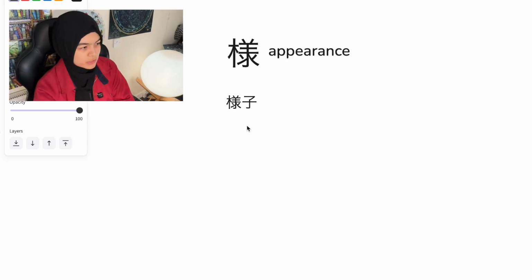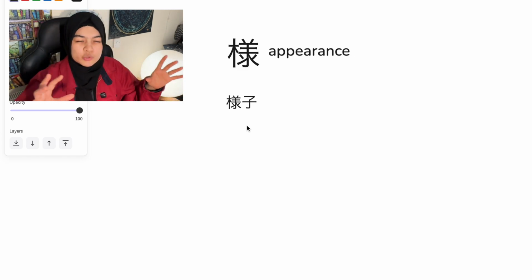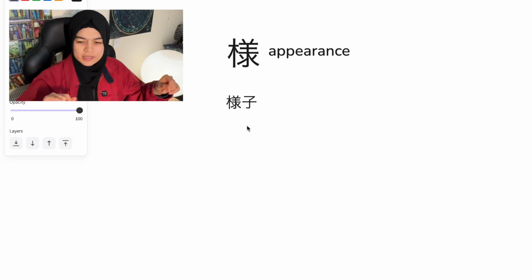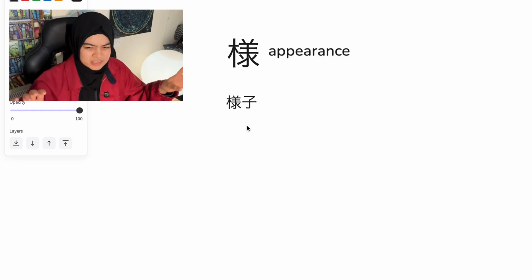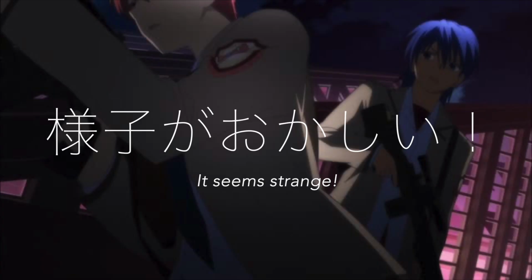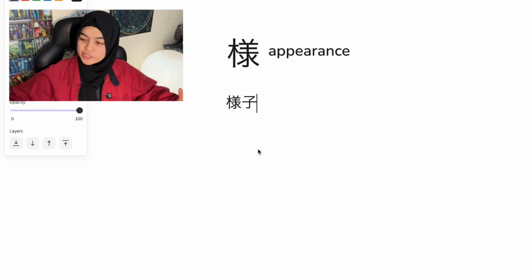So for example, let's think of a situation. If someone's situation or behavior seems weird based on what you see, okay? Like for example, they're walking a bit weird or they seem kind of sad for no reason, then you would say, 様子がおかしい. 様子がおかしい. Or, sometimes you're trying to gauge the situation before you do something.